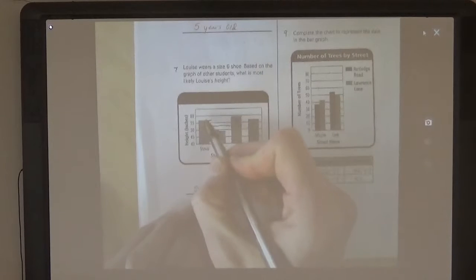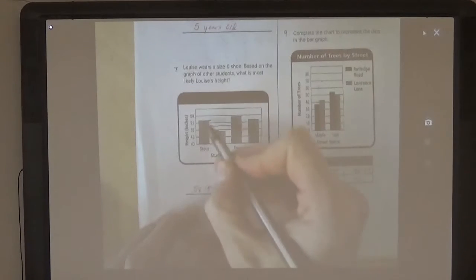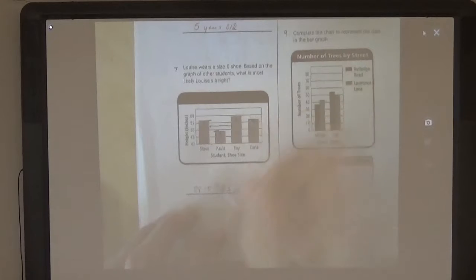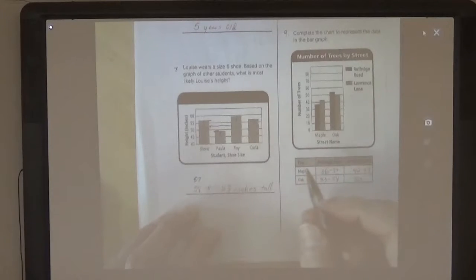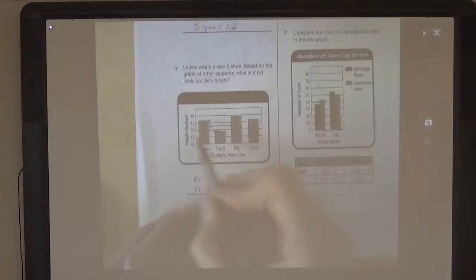If size 7 is about 58 or 57, and size 5 is about 48 or 47, yeah, maybe 48 or 49.